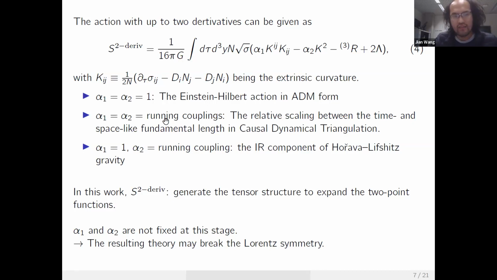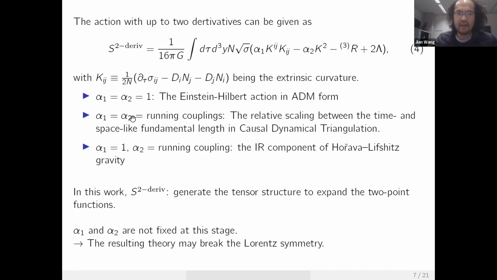On the other hand, we can also identify alpha 1 with alpha 2 and regard them as running couplings. This case corresponds to the relative scaling between the spatial and the temporal fundamental length in the CDT program. Since in CDT the spacetime is given by fundamental blocks, the blocks in the time direction and in the spatial direction could have different sizes.